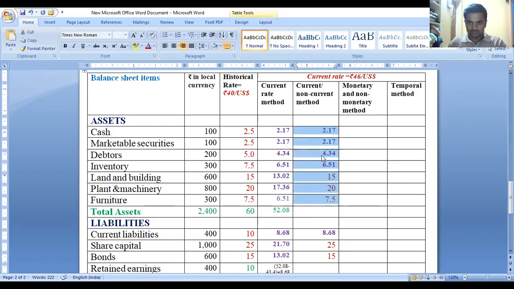I'm going to use MS Excel. So it comes to 57.69.